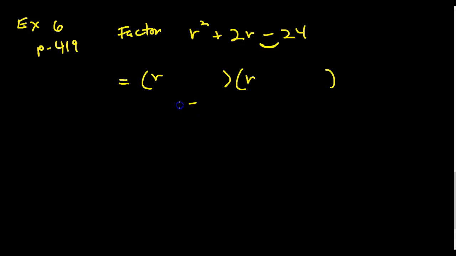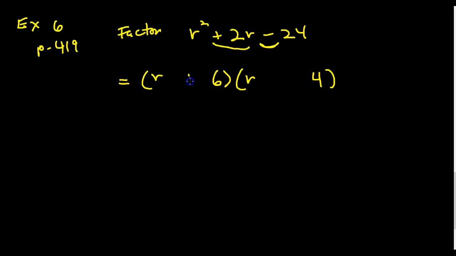All right, so let me think for a moment. r squared plus 2r minus 24. I think 6 times 4 is 24, and I think I can play around with the signs of 6 and 4 to get the correct inner and outer product. Notice the inner and outer product sum has to add up to a plus 2r.